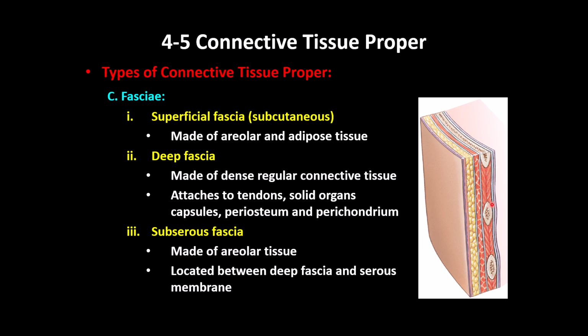It is made of the loose areolar connective tissues around this area, and they are located between the deep fascia and serous. Serous is this layer, so this is the deepest layer, and this is where it wraps around different organs in the body cavities. For example, it wraps around stomach and wraps around intestine and lungs.